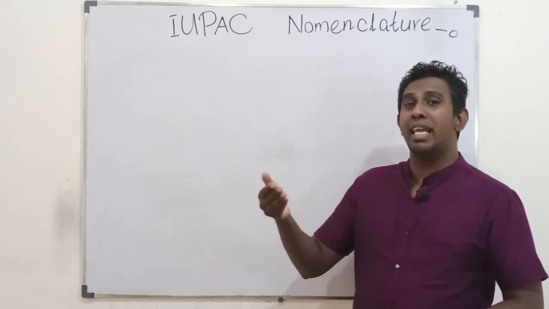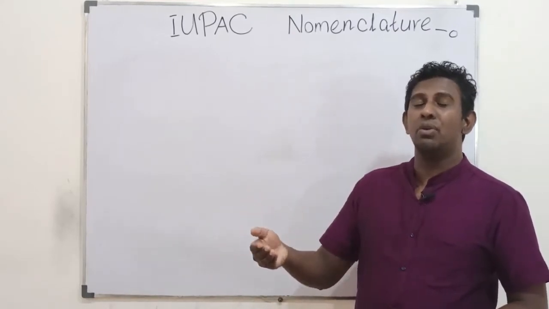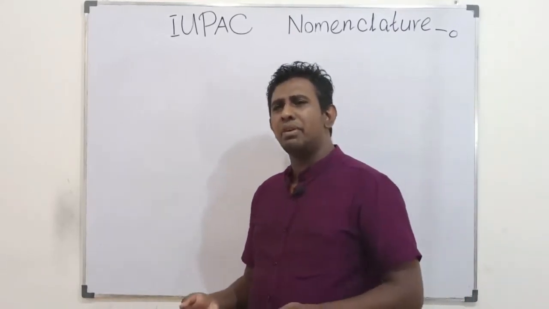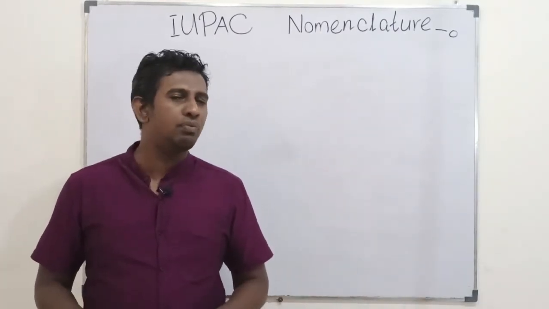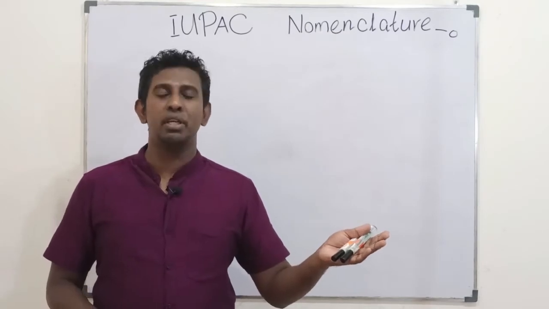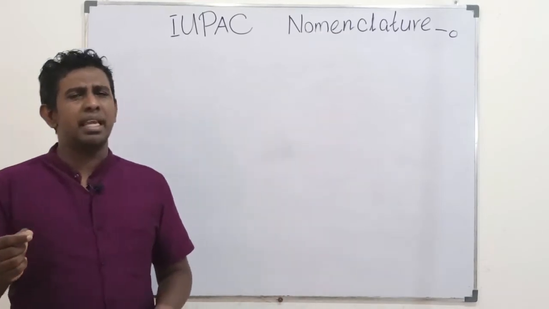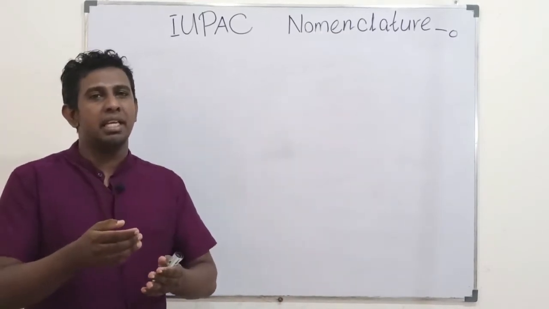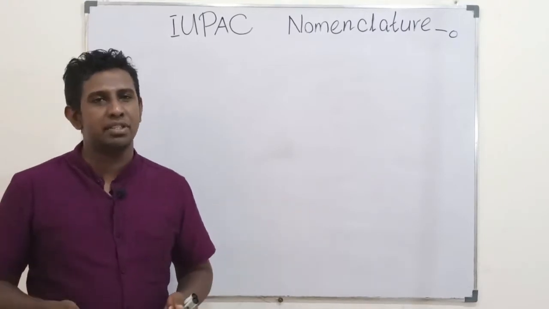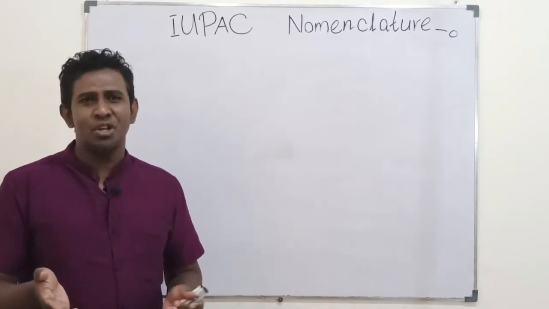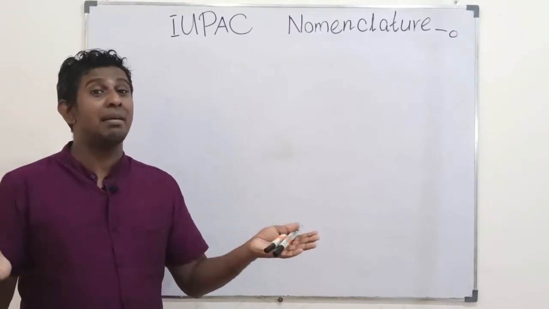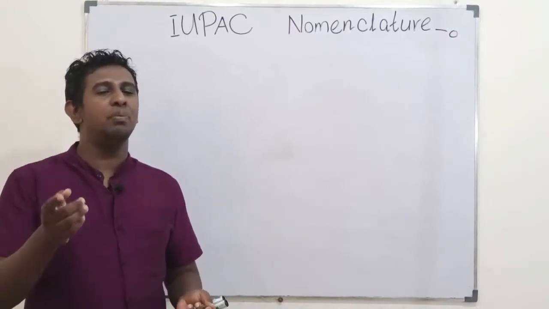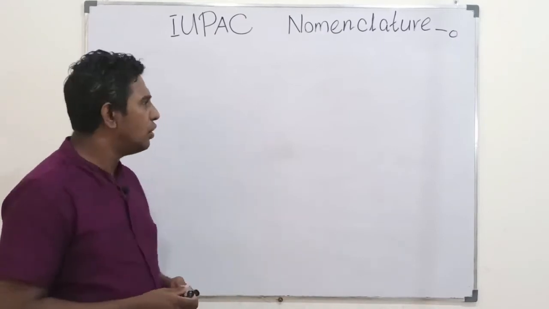So how could we name that molecule? Then we looked at a few examples. I'm going to extend that, giving further examples here in this lesson. So let's look at some more examples regarding IUPAC nomenclature.